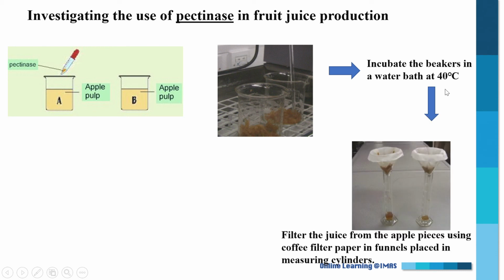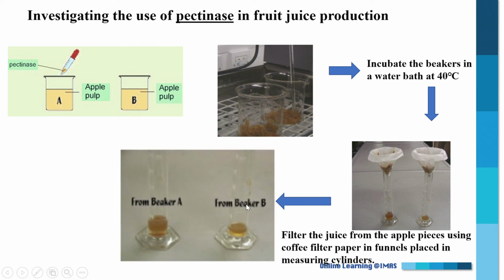After the incubation time, you use coffee filter paper in a funnel placed in a measuring cylinder to filter the juice from the apple pieces. You just simply filter it. What is the result?